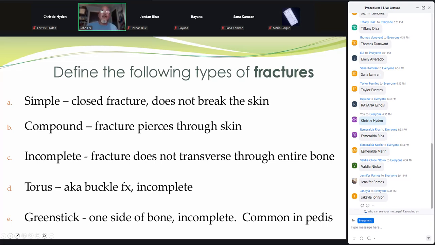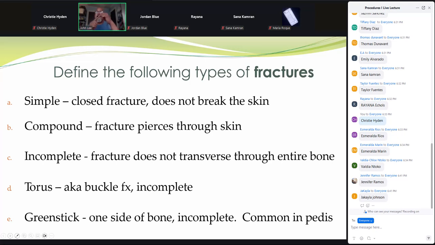Fractures. Your simple fracture is closed, meaning it does not break the skin. Compound fractures are when fracture pieces actually go through the skin. Incomplete fractures are fractures that do not go all the way through the entire bone. The greenstick is a type of incomplete fracture, as is the torus, which is a buckle fracture.